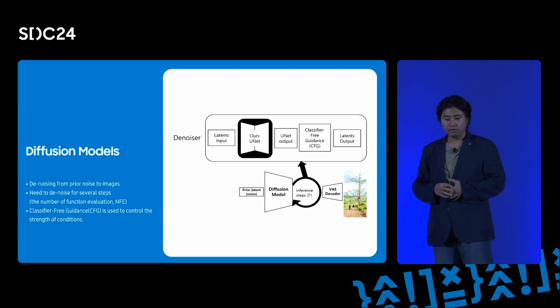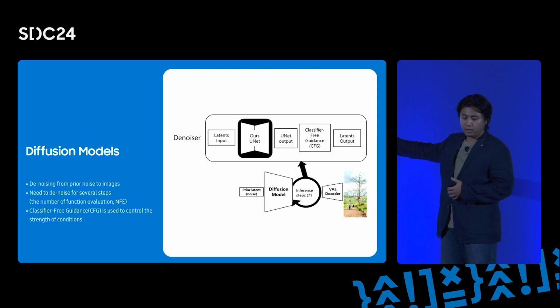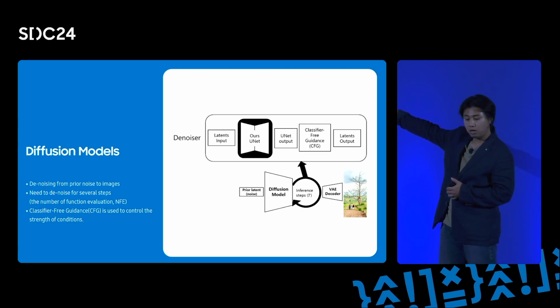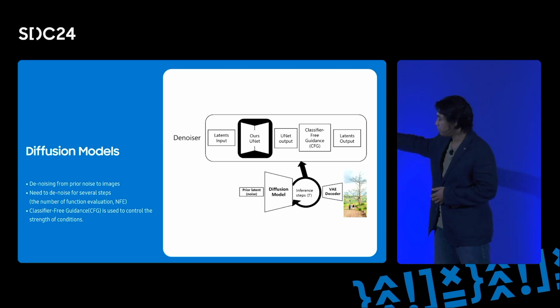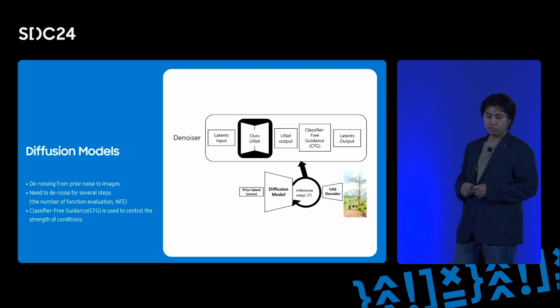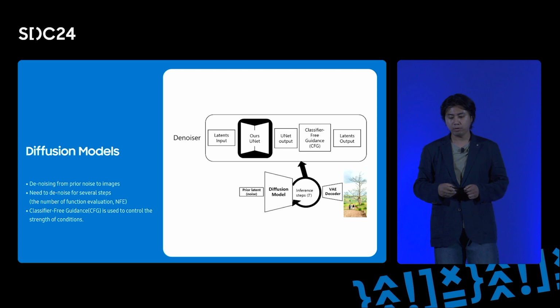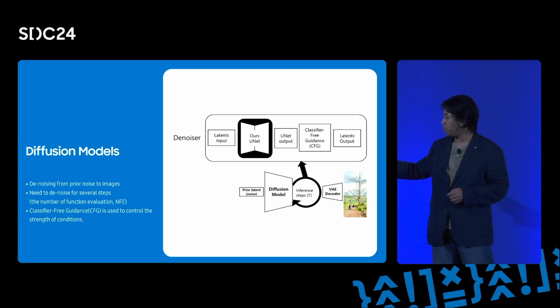Specifically, a diffusion model generates an image via a denoising process, which requires several time steps to achieve good output quality. At the same time, there is a limitation of diffusion models: they take a lot of time compared to the other generative methods.